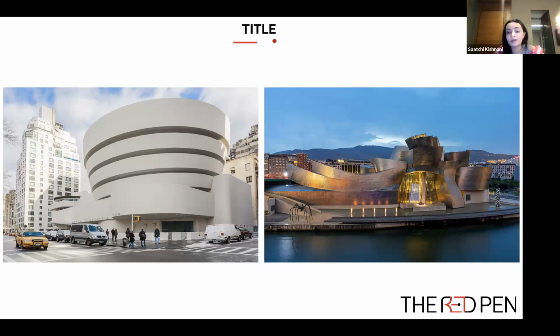Also, the way Frank Gehry designs is he uses tissue paper and cardboard, plays with it, designs a sculpture and then translates that into architecture. So you see very different processes that architects follow.